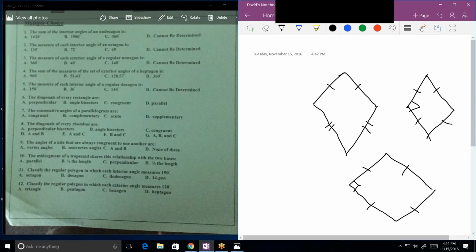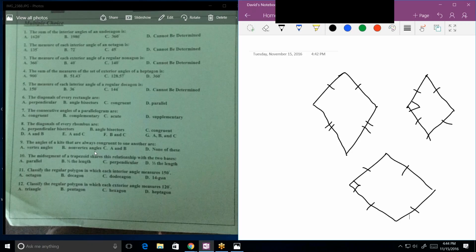All right. So let's see. Did you answer both? The diagonals of every rhombus are what? A and B, perpendicular bisectors and angle bisectors. Correct. Okay. The vertex angles of a kite are always congruent to one another, or B, non-vertex angles.